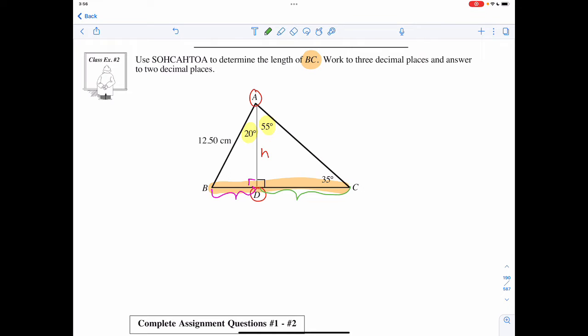And in this case, I'm just going to go ahead and call them X and Y.